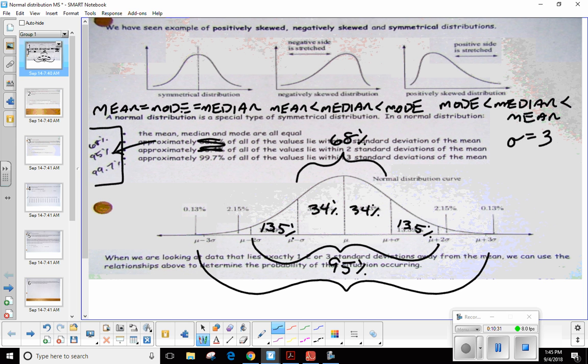Okay. And now within 3 standard deviations, this is where you're going to have that 99.7% of the data. Okay, so virtually all of the data is going to be contained below this normal distribution curve. So let's see here. We don't have to add them up. We'll just take the difference. I need a 99.7 minus 95. Or 4.7.